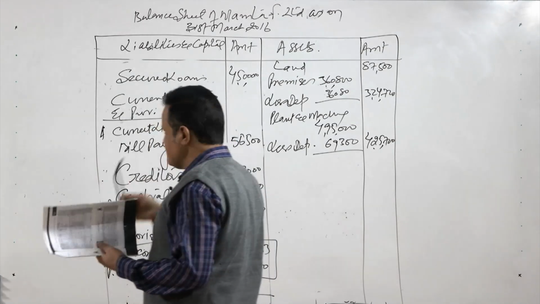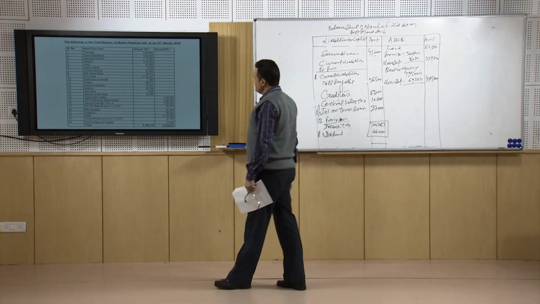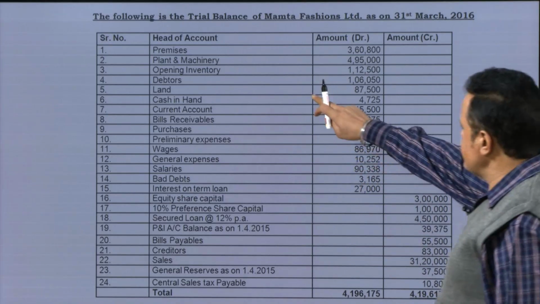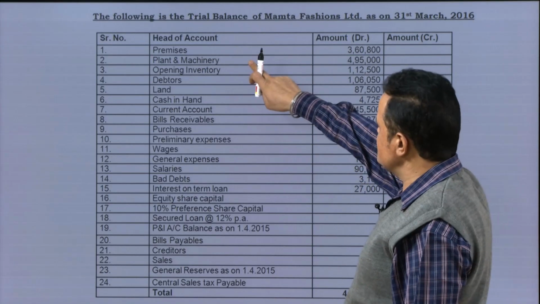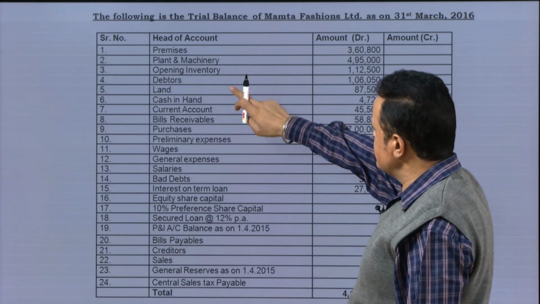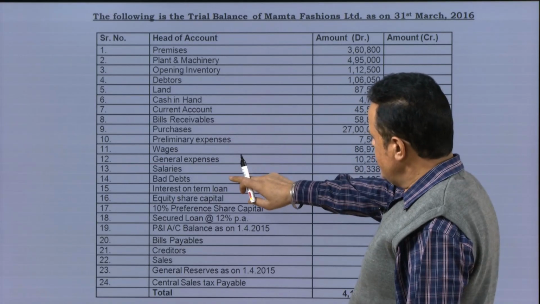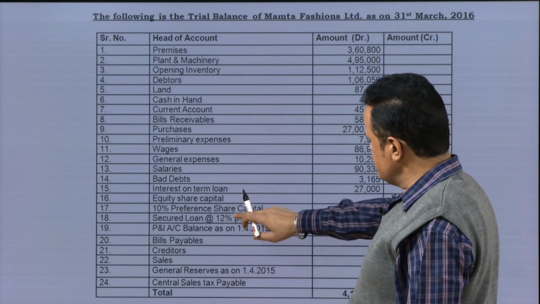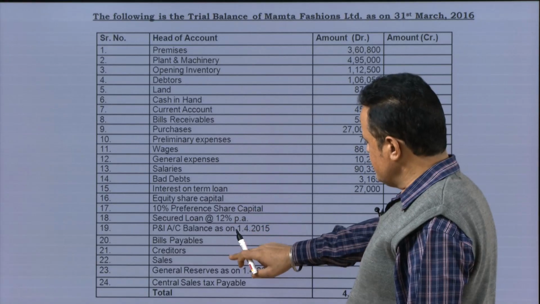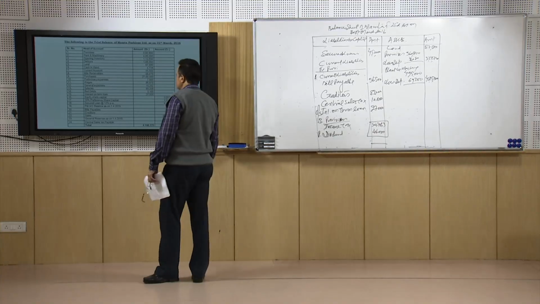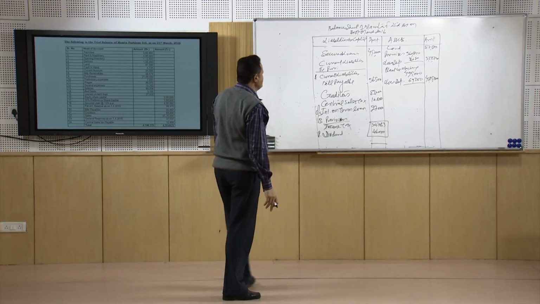So I think these are the three fixed assets. Let us check again. We have land, premises, plant and machinery we have taken, then opening inventory, then cash, then receivables, purchase, preliminary expenses, then share capital, loans, then profit and loss account, all this. Yes, there is no other long term or fixed asset with the firm. These were the only three fixed assets.